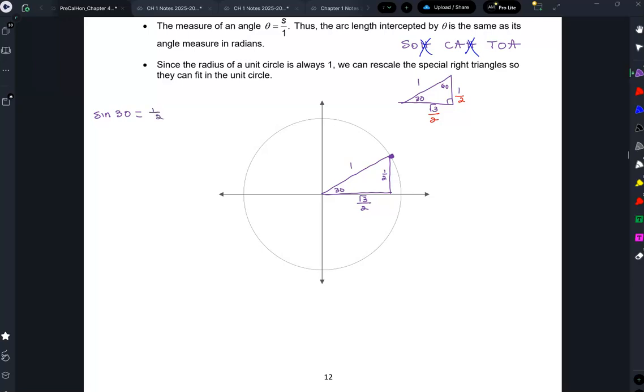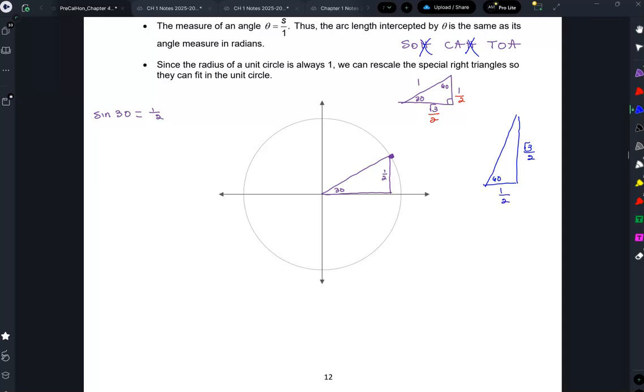If I wanted 60 degrees, how would 60 degrees look? Let me draw a 60 degree angle here. It used to be that it was like this, so this will be root 3 over 2, and this will be a half.